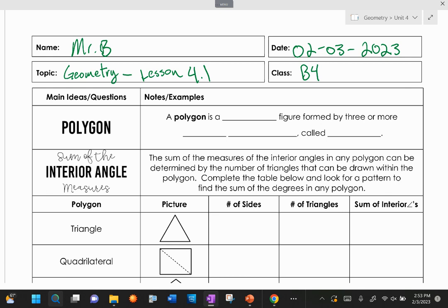Now we're moving on to polygons. So this is really where geometry starts to take off. We are now getting into advanced shapes. Okay.